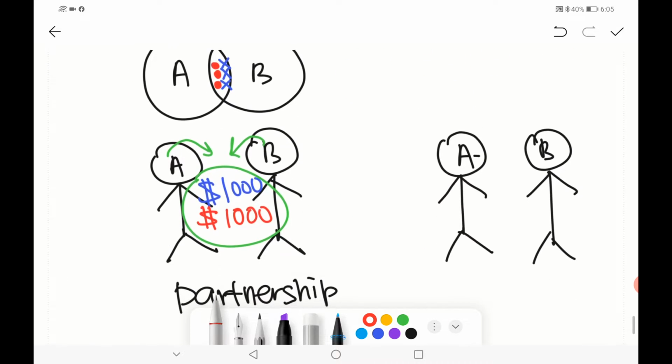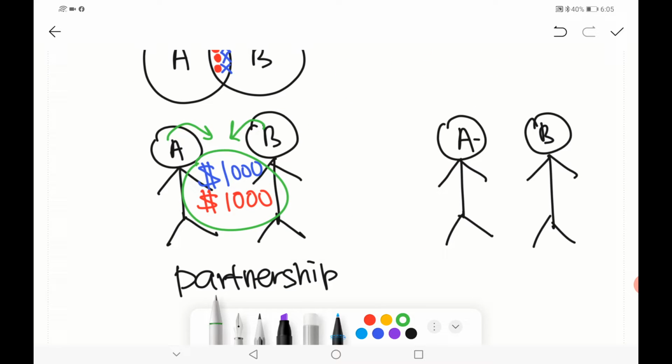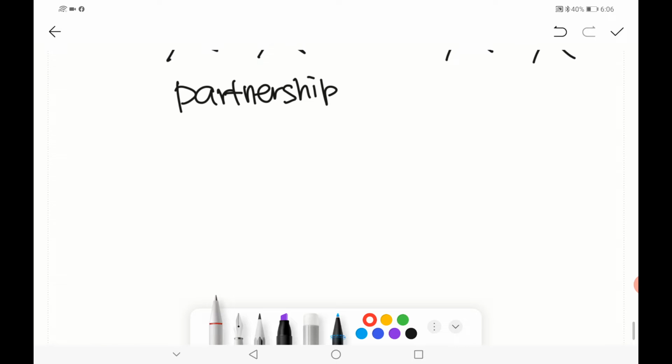If you look back to this case, let's say now A shares $2,000 and B shares $0. B doesn't put in any capital at all. So this is a very special partnership. For a normal partnership, A and B both need to put some money in.